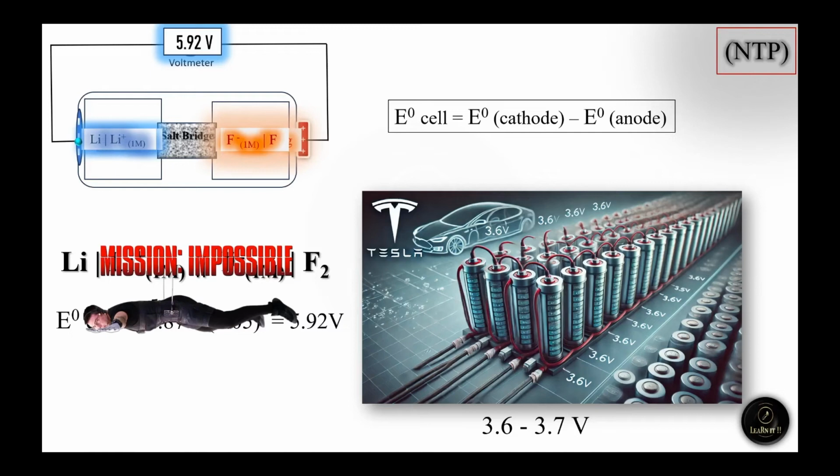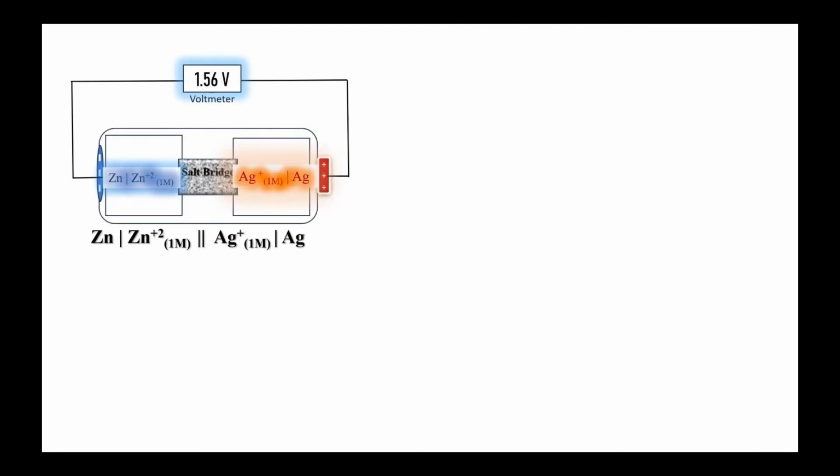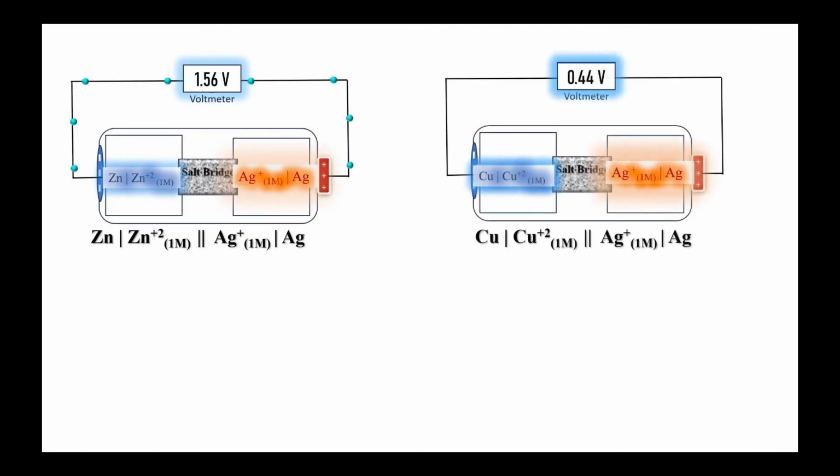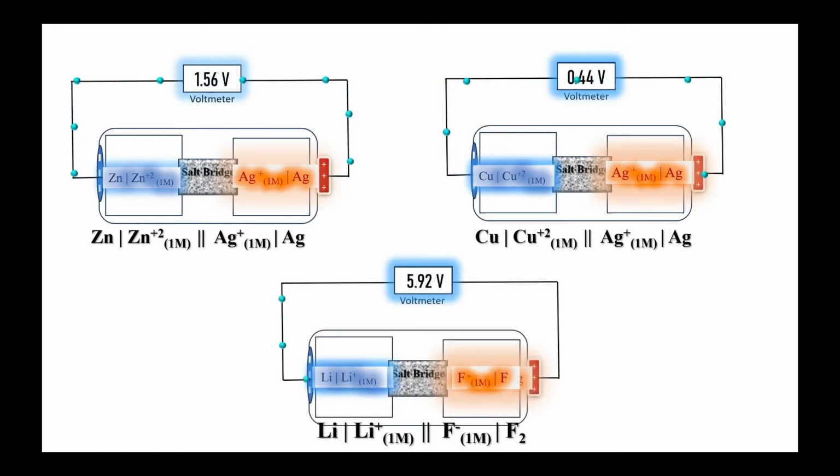In conclusion, we can look at all these three cells and compare the EMFs: the zinc and silver electrode, the copper and silver electrode, and the lithium and fluorine electrode.